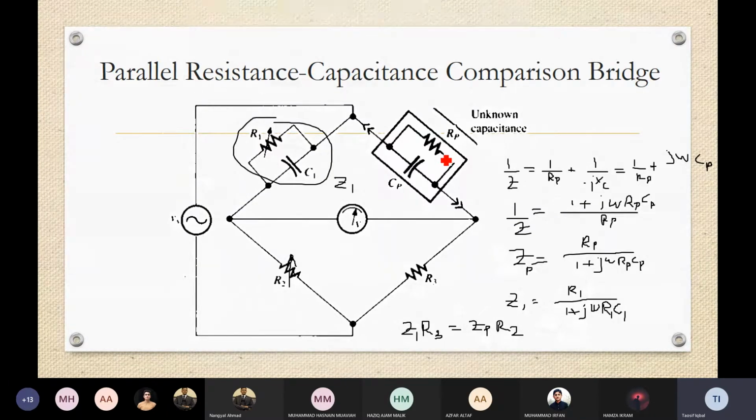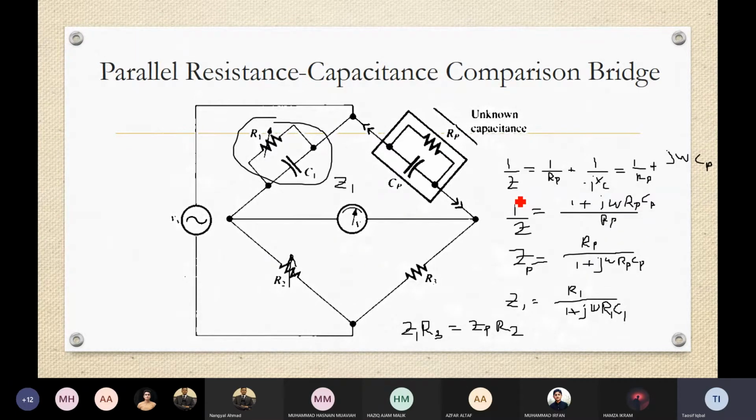In this case, it is the same: R1 and R2 are going to be variable resistors, whereas C1 is going to be a pure capacitor. On the other side we have the unknown capacitance, and this unknown capacitance may have a parallel resistance.